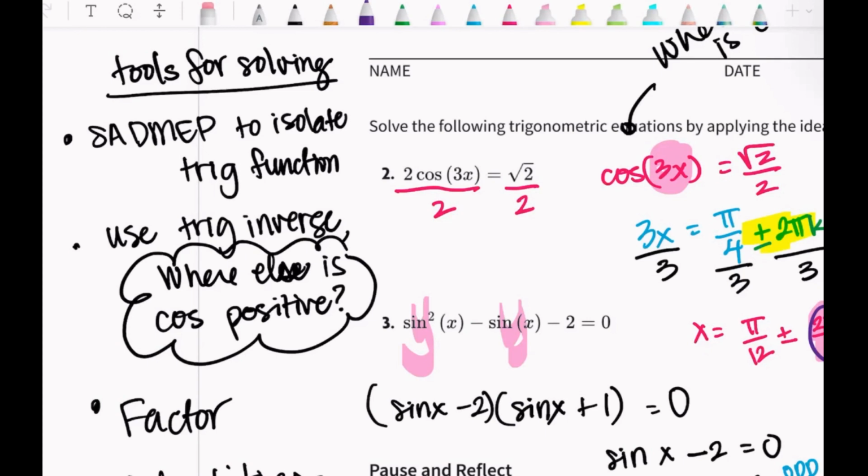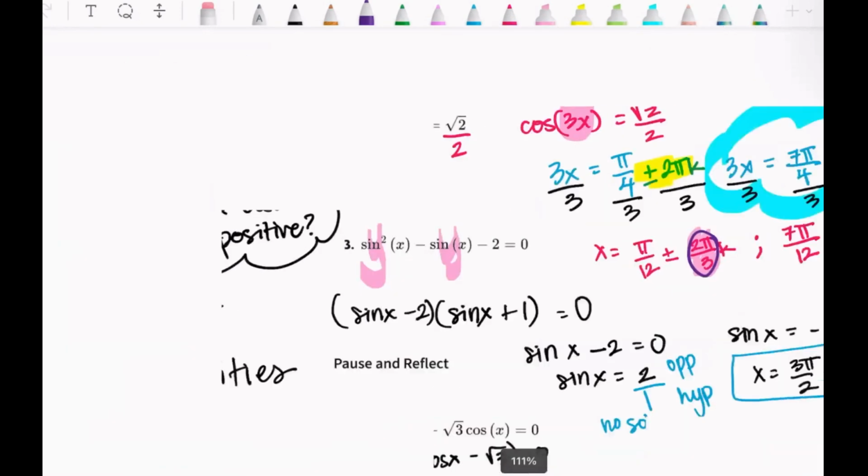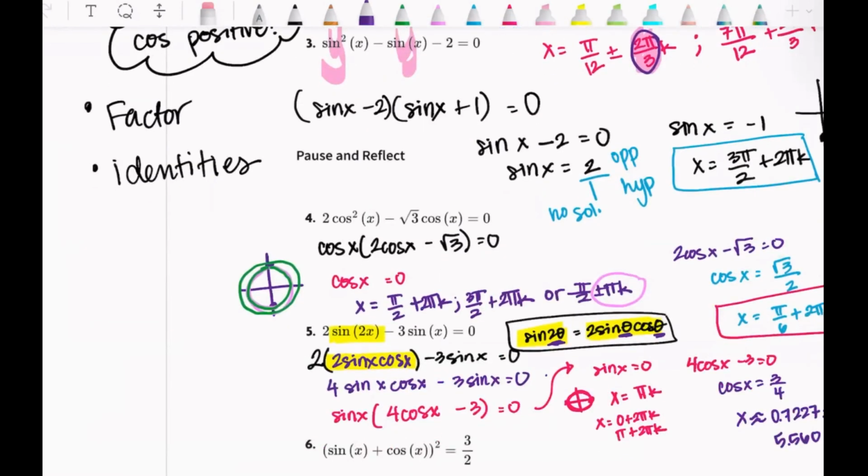Factoring is, again, not new, but it is new to this section because we are now factoring equations with sine and cosine in it. Identities is not new. We've been using those identities, but now we're using them to solve equations. So there's nothing necessarily new that we're doing. We're just taking a bunch of stuff that we already know how to do and incorporating them together. Okay. So it's kind of like a mashup if you think about it.